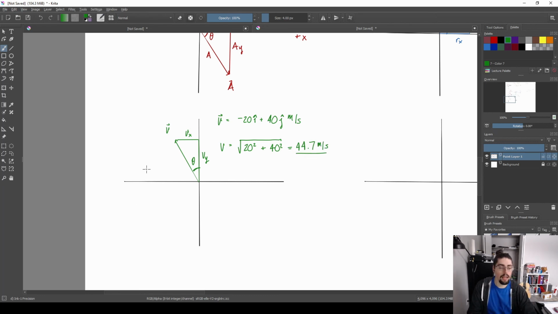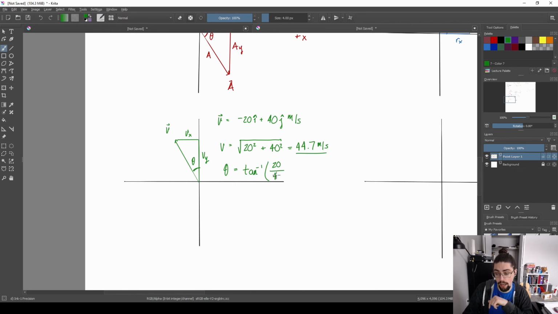Now the angle theta, I need to be a little bit careful with here, because I have called this from the positive y-axis on my picture rather than being from the x-axis. So for theta here, when I take my inverse tangent, I still need to do opposite over adjacent. But now, opposite is v of x.